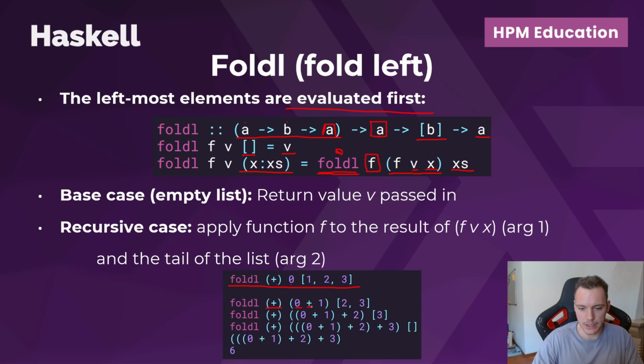So it's basically plus applied to 0 and the head of the list 1, okay, and that's in brackets, and then the rest of the list is fed to this recursive call of foldl.